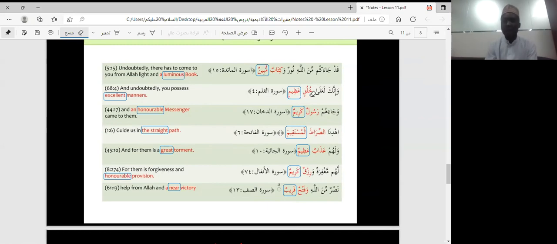And both are masculine, because khuluq is masculine and azimin is masculine as well. So we have it in gender, and khuluqin is indefinite, so azimin should also be indefinite.